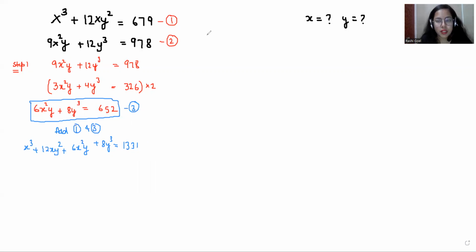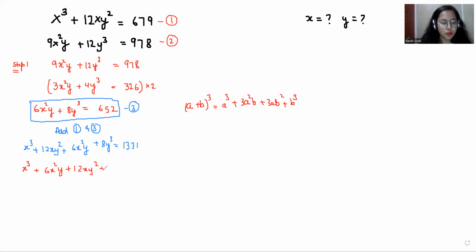Now we know the famous identity that (a plus b) whole cube is a cube plus 3a square b plus 3ab square plus b cube. So I can write this expression. First I'll write the third term in place of the second and the second in place of the third to make that expression true. 1331 I can write as 11 cube.